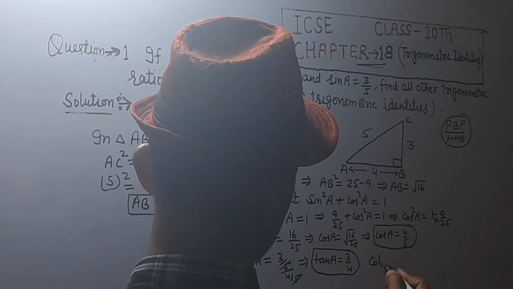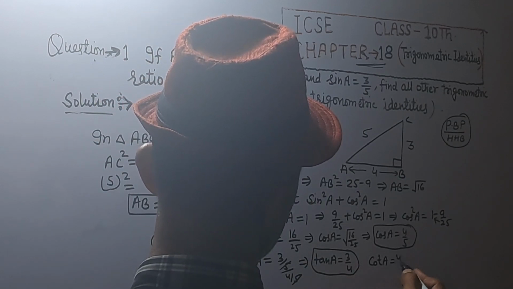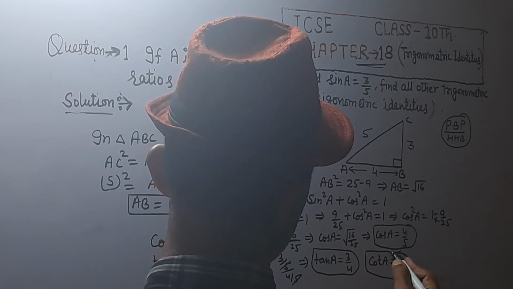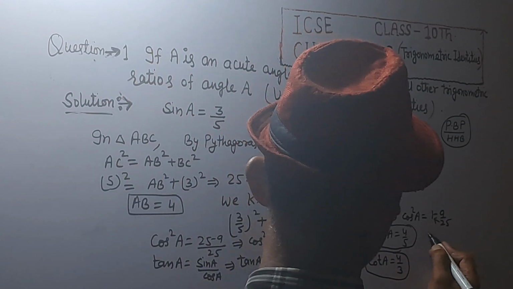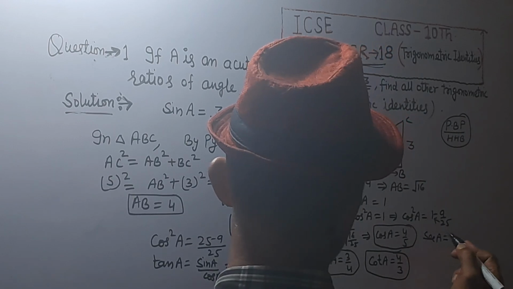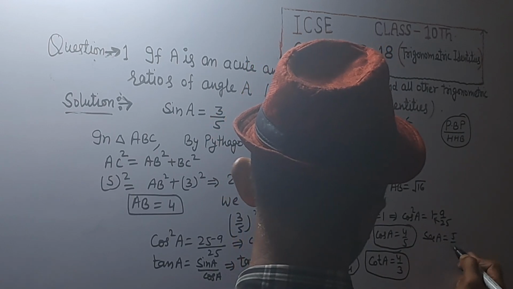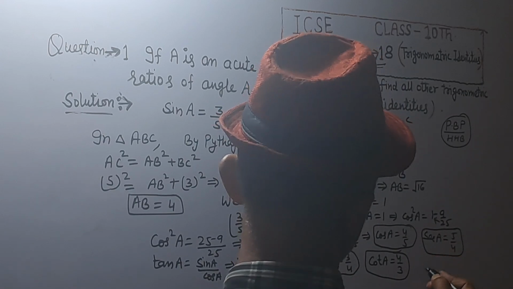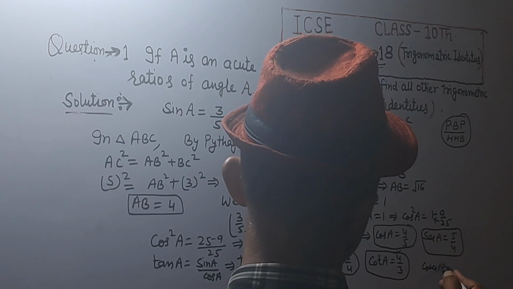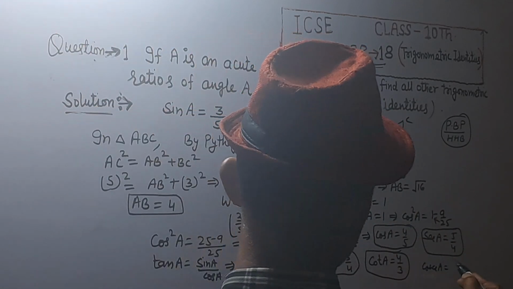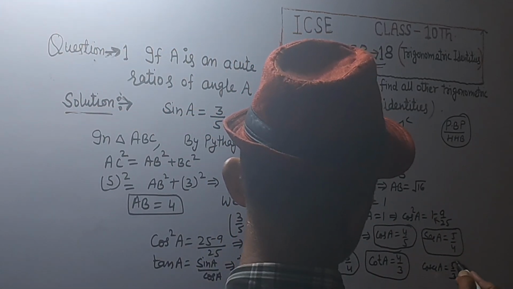So cot A is equal to 4 upon 3, and secant A is equal to reciprocal of cos A, that is 5 upon 4, and cosecant A is equal to reciprocal of sin A, that is 5 upon 3.